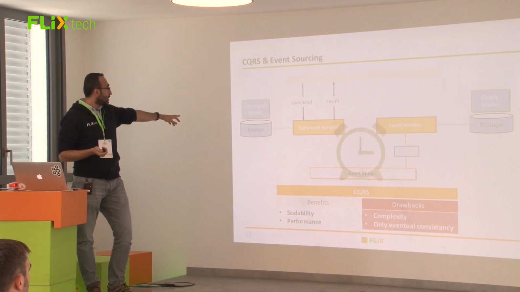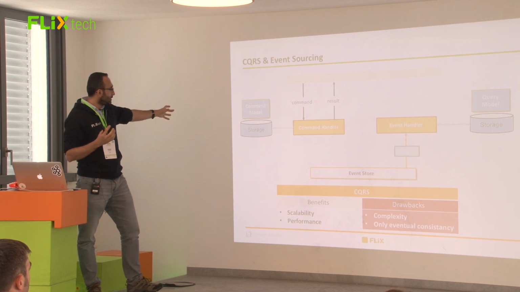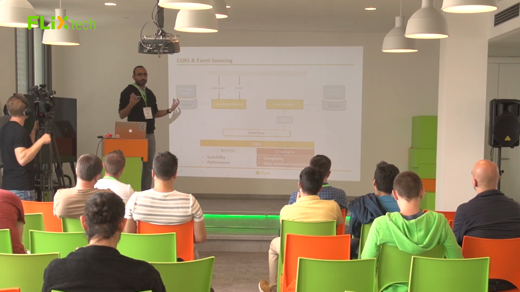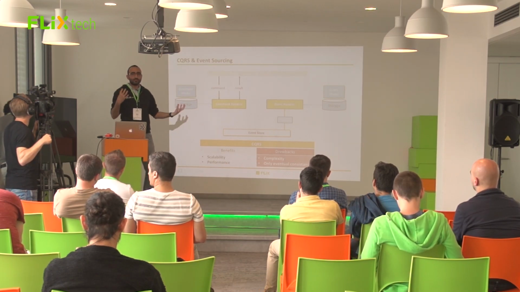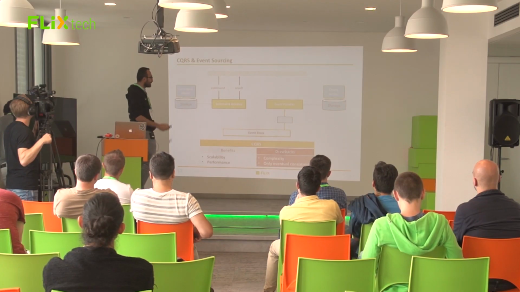This is because the command model and the query model are consistent, but with a difference in time. So this one will have the up-to-date information, and the other one will get this information later, maybe in 1 millisecond or 2 seconds or 2 years, who knows? But in the end, they will be consistent. This is why we call it eventual consistency.